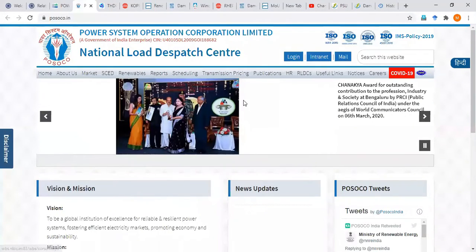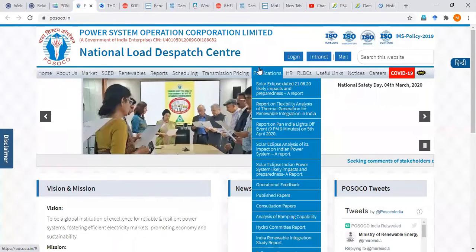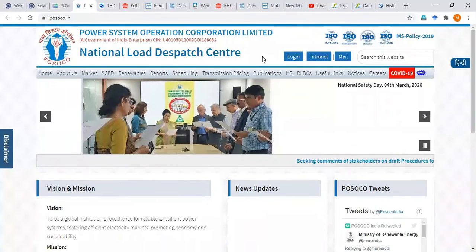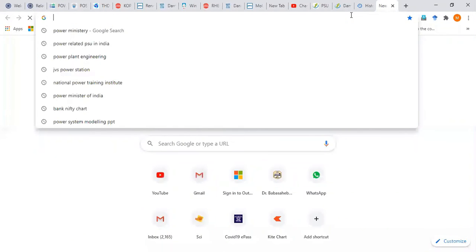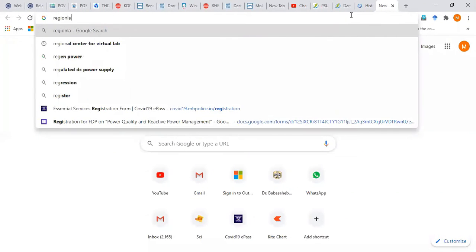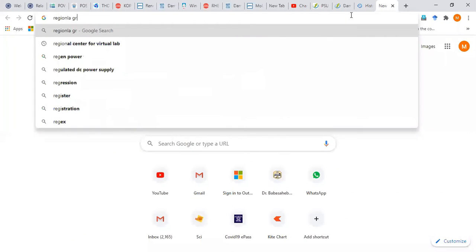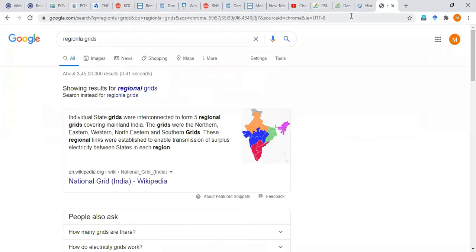I hope some of you may know about the functions of the grid and regional grids. So in India, if you Google it, you will get the map of the regional grids.